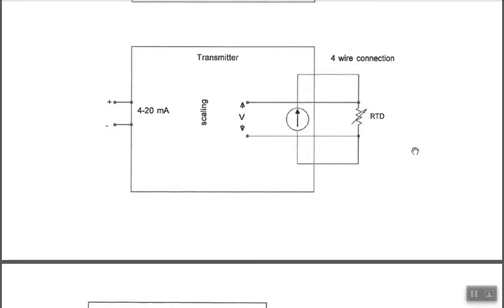Another nice thing about understanding these basics is maybe out on the plant floor you've got a 2-wire RTD connection, and the RTD that you're pulling out of the box is a 4-wire RTD. That's no cause for panic, right? A lot of times you'll get the universal 4-wire RTD because if you have extra wires, so what? That's not a problem.